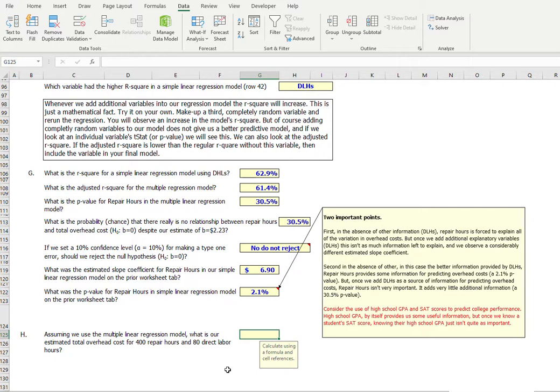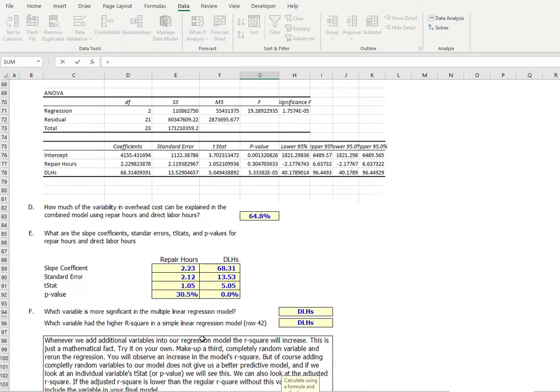Let's just link to our data. Our intercept, 4,115, plus 2.2 times 400 repair hours, plus 68.31 times 80 direct labor hours.